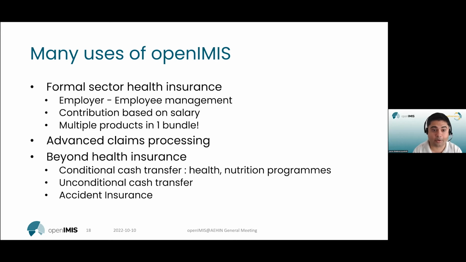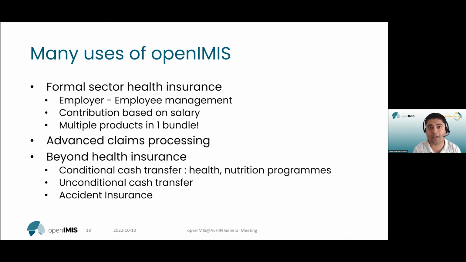So all of that is now possible with openIMIS. Towards the end, Uwe pointed at claims, the AI-based claims module. That itself is a global public good, and we can use the advanced claims processing module along with other tools as well.